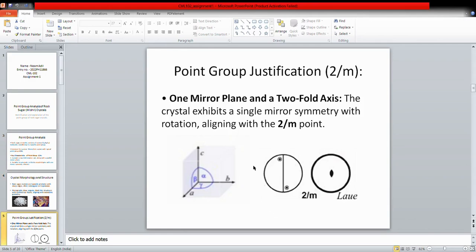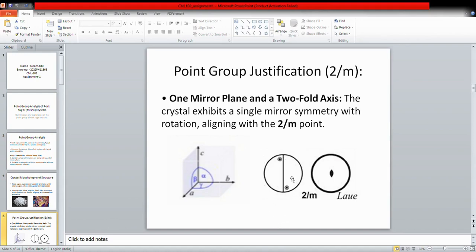If we see the stereographic projection of 2/m, we see two lattice points. One lattice point, if we take as the standard lattice point, the other lattice point can be obtained by 180 degree rotation of this lattice point. The m means that if we see parallel to the plane in which the circle lies, we'll find two other points.